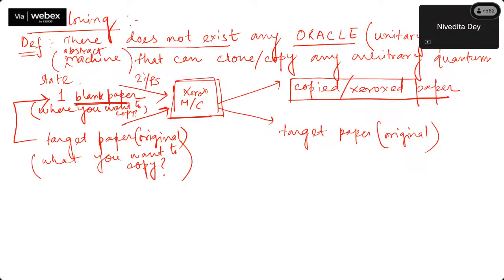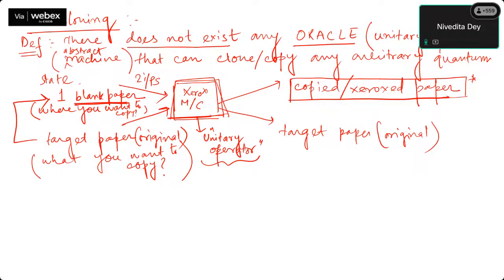So basically this is your target. Similarly here, by the term oracle I mean some operator, say this is your unitary operator. And what quantum mechanics claims is that there does not exist any such unitary operator that can do that.